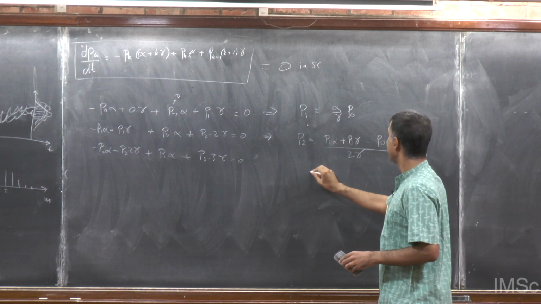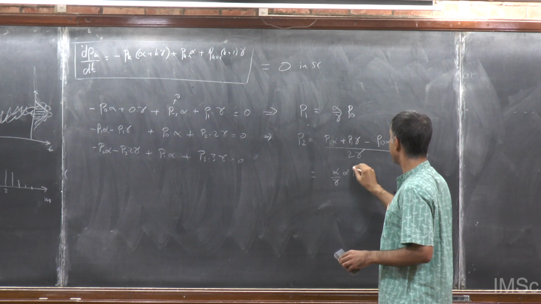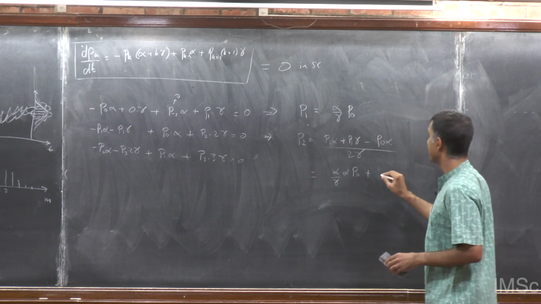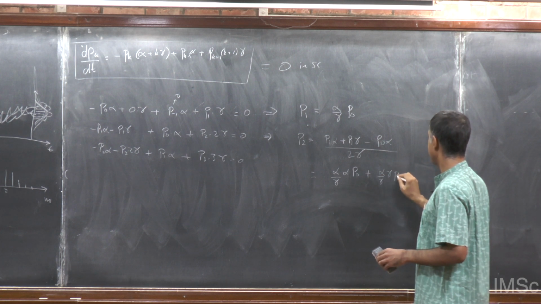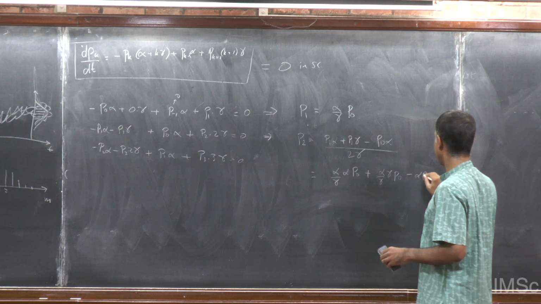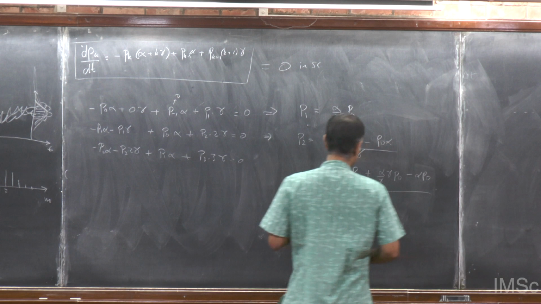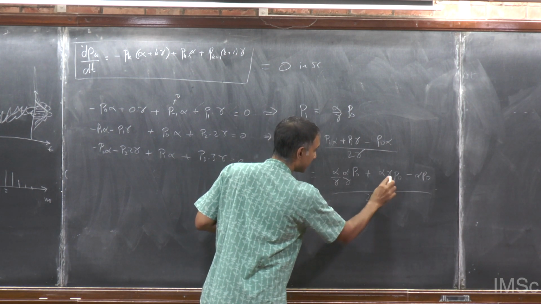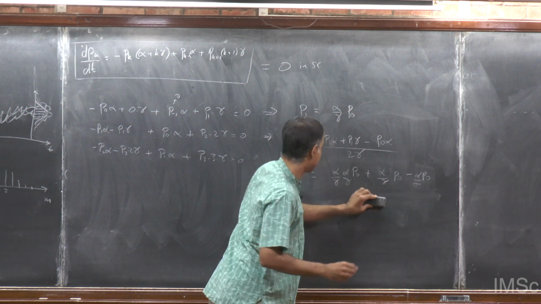So let's do that, which is alpha over gamma alpha p0, plus alpha over gamma gamma p0, minus alpha p0, over 2 gamma. So the gamma comes here, this gamma gets cancelled, and the gamma comes here, the gamma comes here, and there's a factor of half.